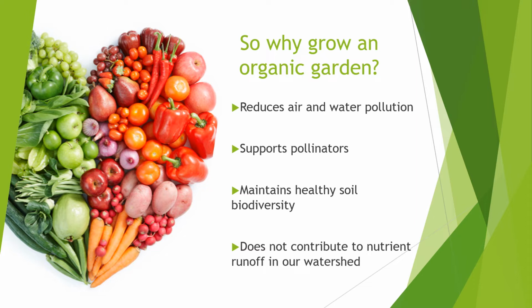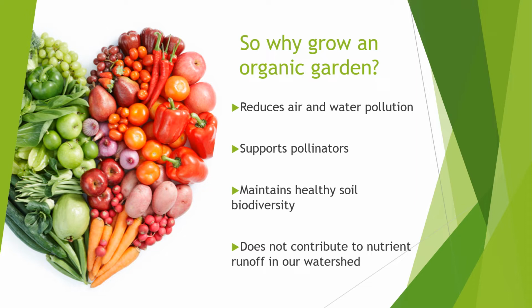They just can't absorb it fast enough. So it's washed off of our gardens, our fields, and our lawns, and those nutrients are washed into our watershed, so into our lakes and our rivers. And for our region in particular, excess nutrients leads to algal blooms and poor health in our water bodies. So if you hate blue-green algae, organic gardening is one way that you can combat that.